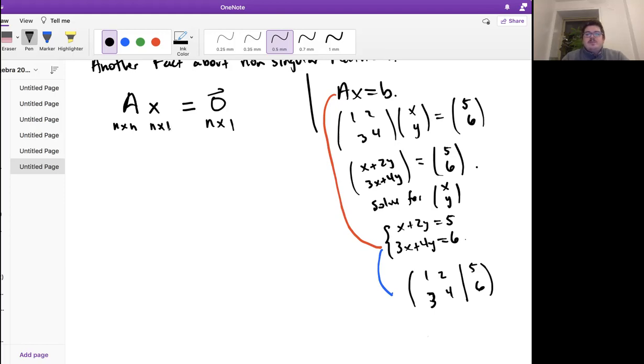All right, what about Ax equals 0? What type of linear system is that? Pretend those 5 and 6 were zeros. Do you remember that special name? It had a special name. If you don't remember the name, do you remember a possible solution for x? Can you find what x could be?